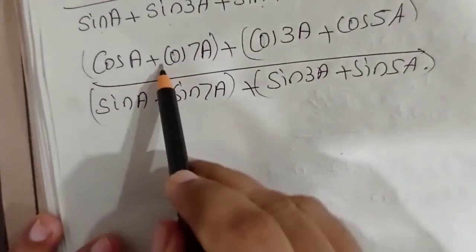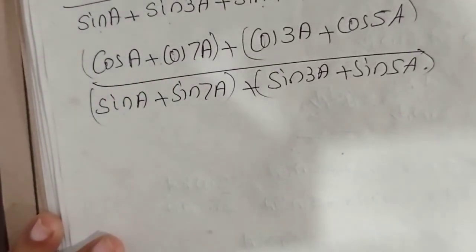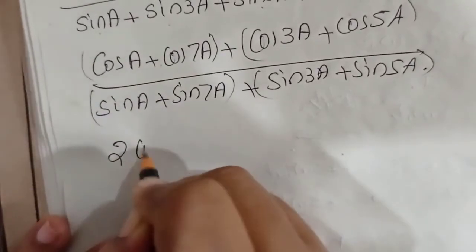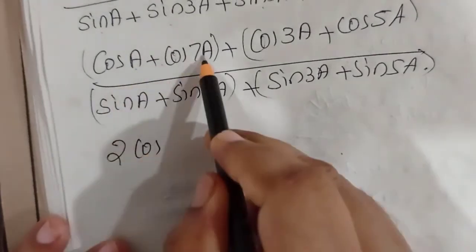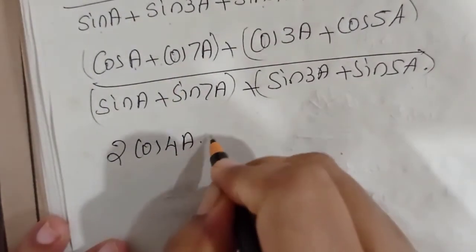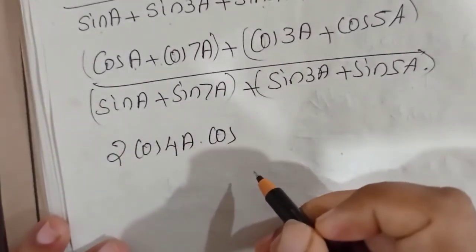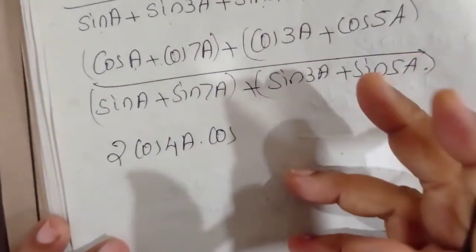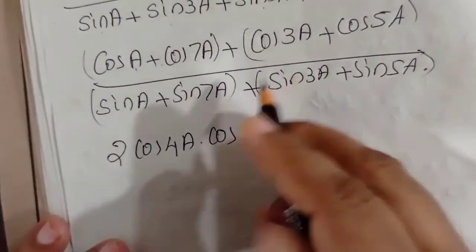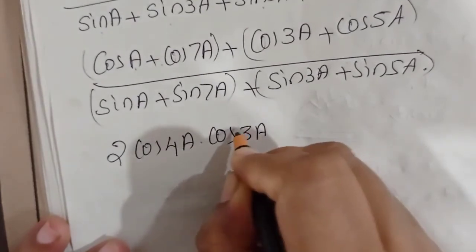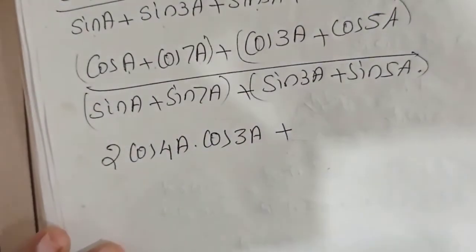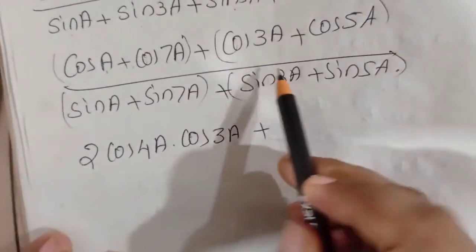What is cos C plus cos D? It is 2 cos (C plus D)/2, that is 7A plus A, 8A, so 4A. Then cos difference: cos minus theta is cos theta. Therefore, 7A minus A, 6A, 6A by 2 is 3A. Actually, here that is minus 3A, but cos minus theta is cos theta. That finished.